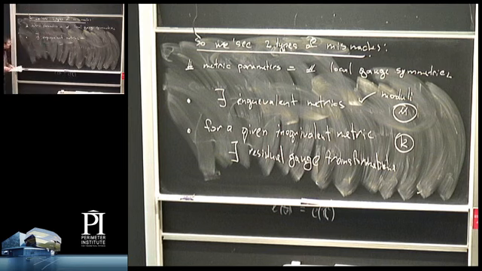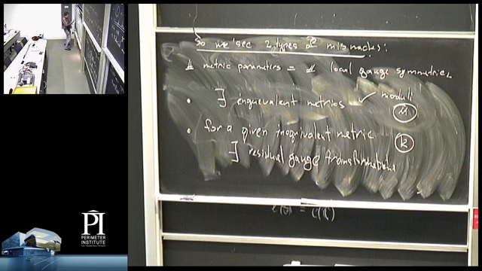And those are the ones that look for moduli, and I'm going to denote them by mu. So mu is the number that tells us the dimensionality of the parameter space that describes inequivalent metrics.